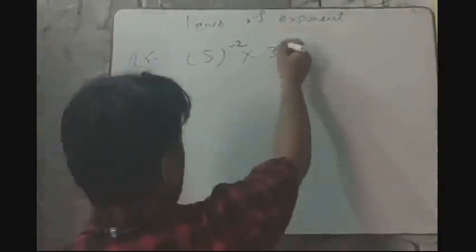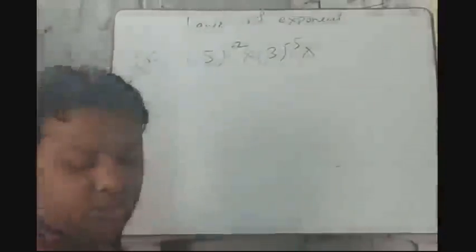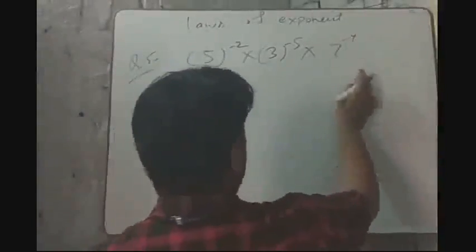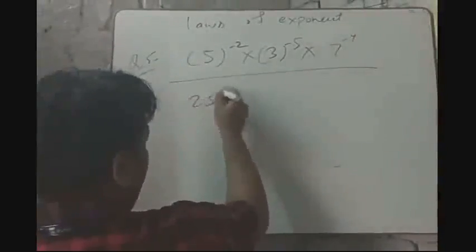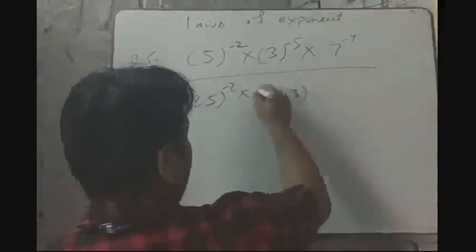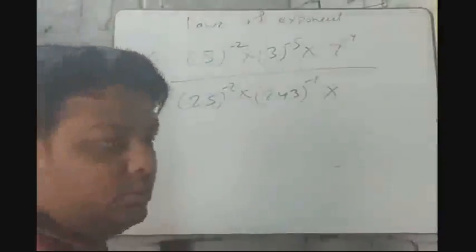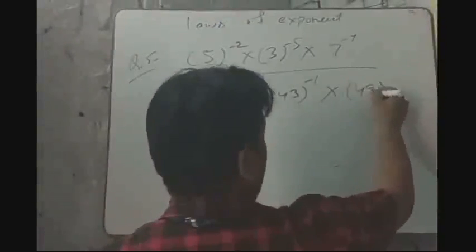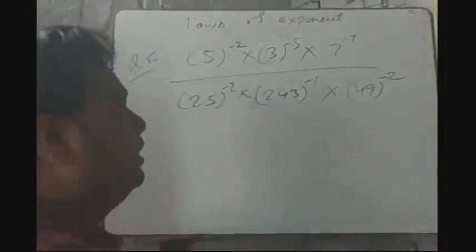So if the question is question 5, that is 5 to the power minus 2 into 3 to the power minus 5 into 7 to the power minus 4 by 25 to the power minus 2 into 243 to the power minus 1 into 49 to the power minus 2. Then what will we do?